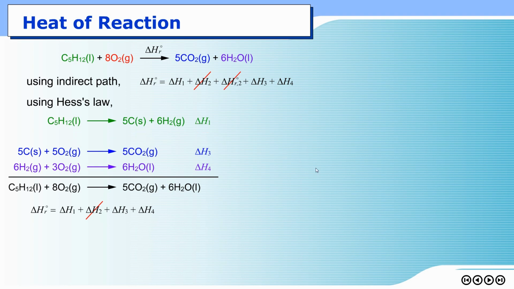Now, if I reverse the green reaction, I take the product of the green reaction to be written as a reactant and take pentane to be a product. By reversing the reaction, the enthalpy change associated with it should be reversed in sign. So this is minus delta H1.